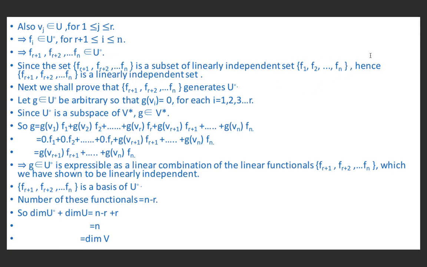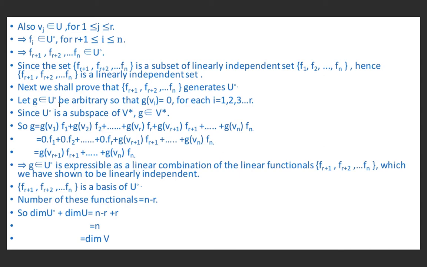Hence, f(r plus 1), ..., fn is linearly independent, because a subset of a linearly independent set is linearly independent. Now we will show that f(r plus 1), ..., fn generates U dot, meaning any vector in U dot can be expressed as a linear combination of f(r plus 1), f(r plus 2), and fn.